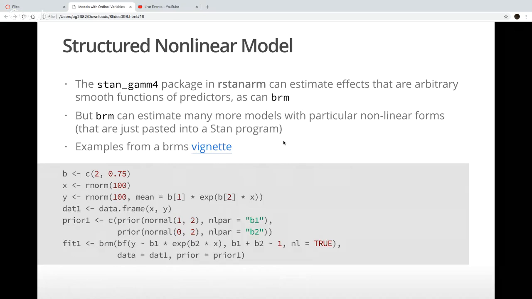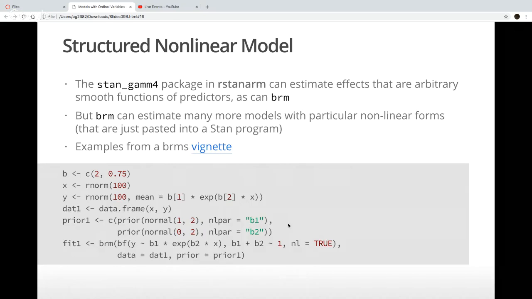So one possibility is to estimate a nonlinear but structured form. Here we have some simulated data where there's an exponential relationship between the conditional mean of this outcome and whatever x is, scaled up by this b2. We can have a prior specifying the nl par argument to indicate these are nonlinear parameters that we are referring to.